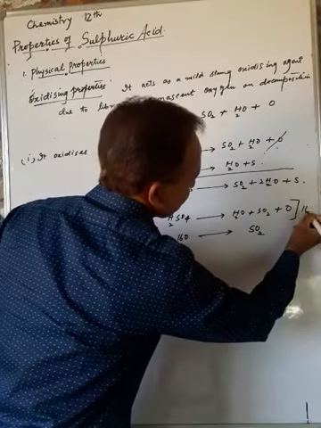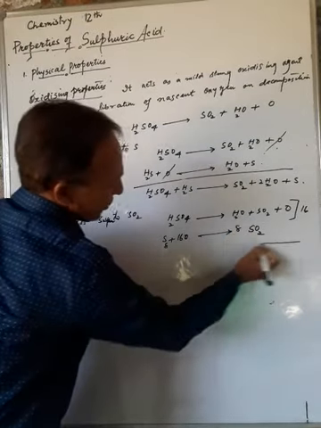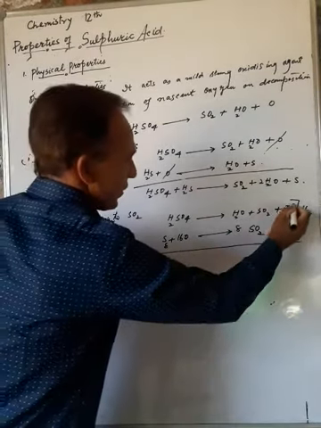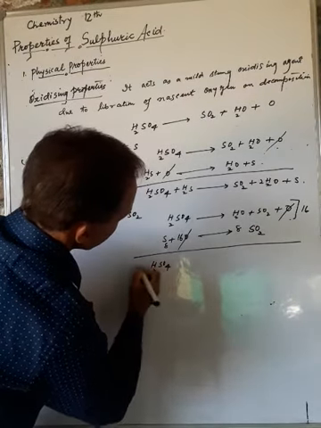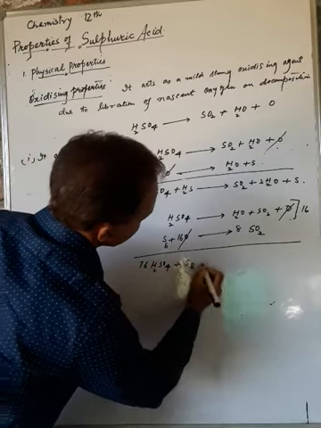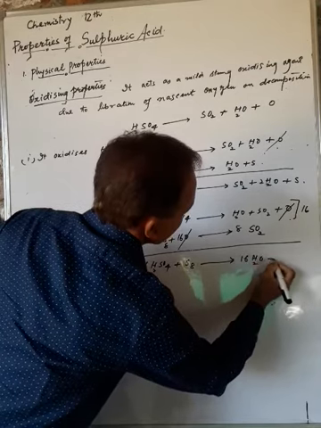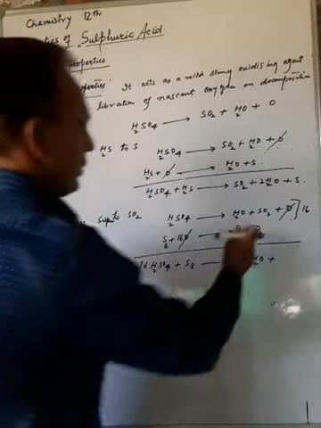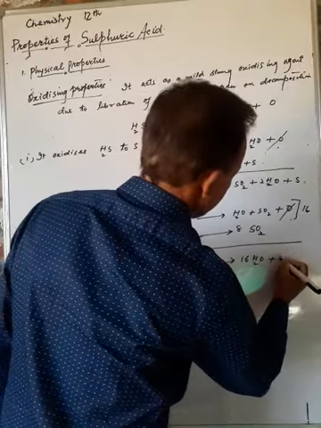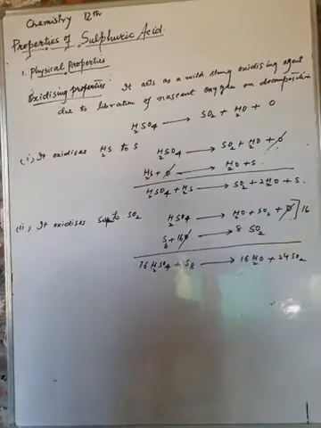Here again we will take 16 times. The overall reaction will be, oxygen cancels, 16 H2SO4 plus S8 gives 16 H2O plus 24 SO2.